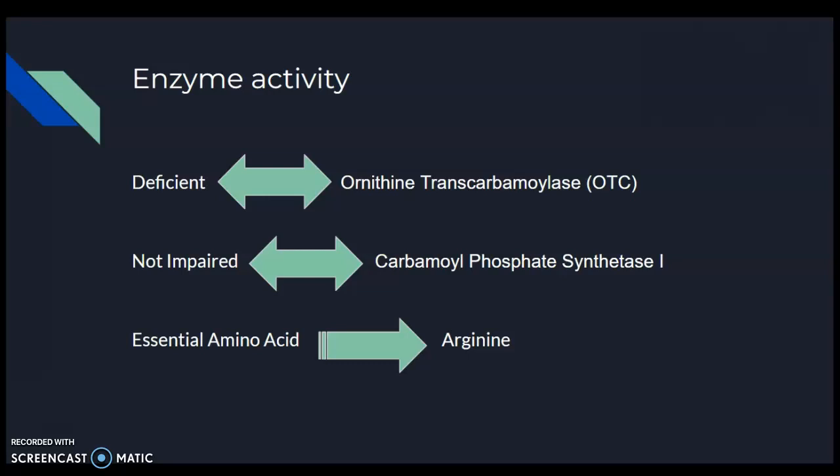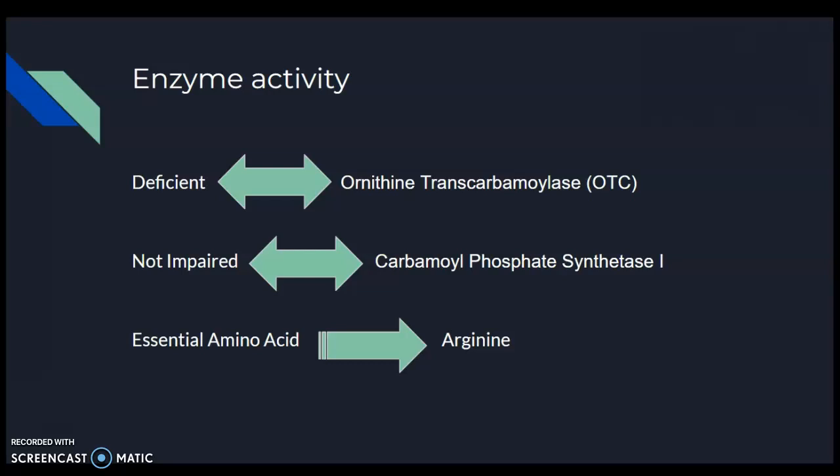Patients with an OTC deficiency cannot convert carbamoyl phosphate and ornithine into citrulline, so here we see a disruption in the urea cycle. Arginine becomes essential in that it can activate the urea cycle by activating the N-acetylglutamate synthetase enzyme.